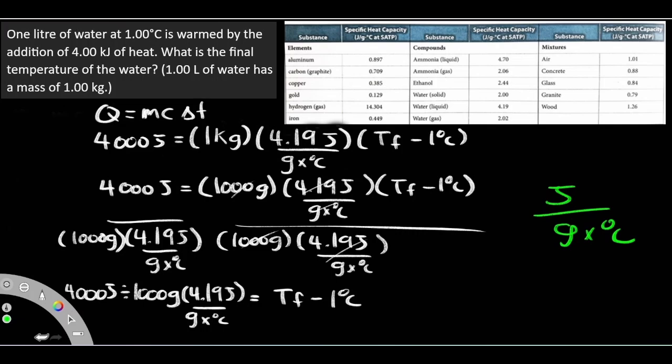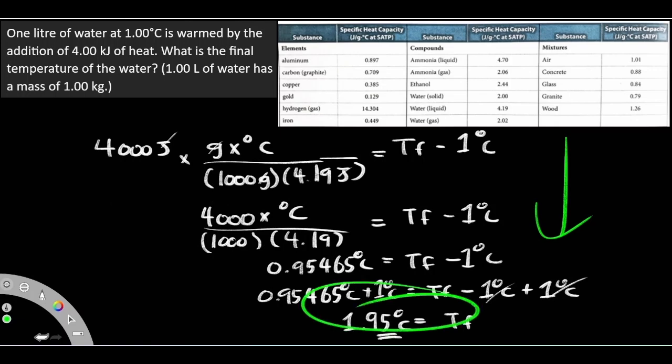Another thing to remember is that our kilojoules here need to be converted into joules, as shown here. TF is what we need to find, which means we have to isolate it on its own, and our initial temperature is going to be 1 degree Celsius, because the question states that it was 1 degree Celsius initially. Once you isolate for TF, you're going to get 1.95 degrees Celsius.